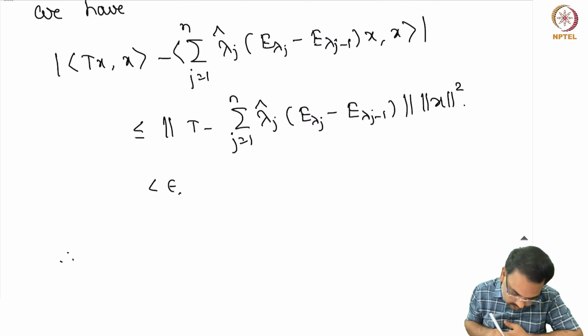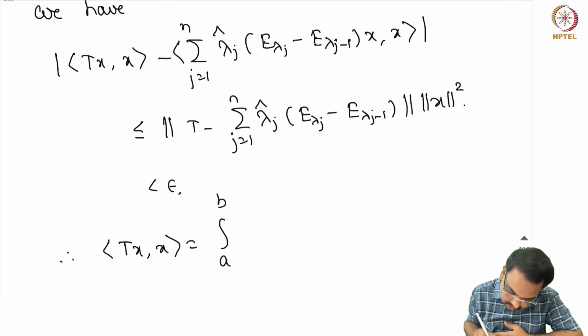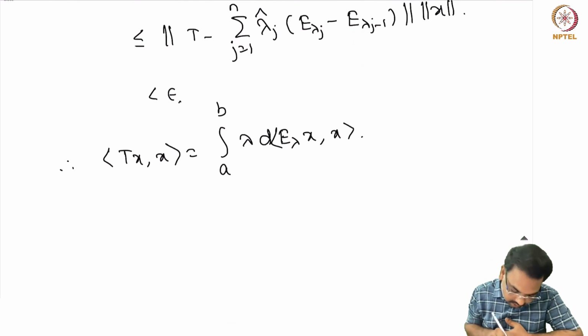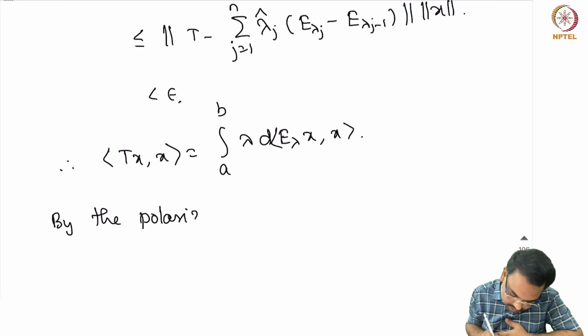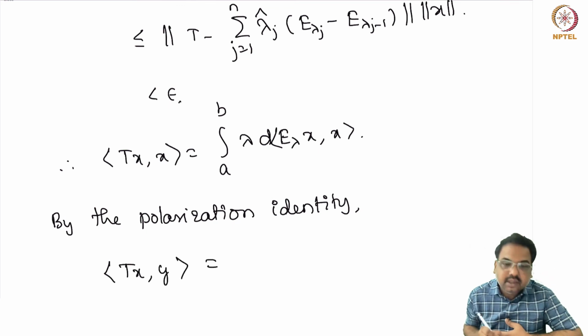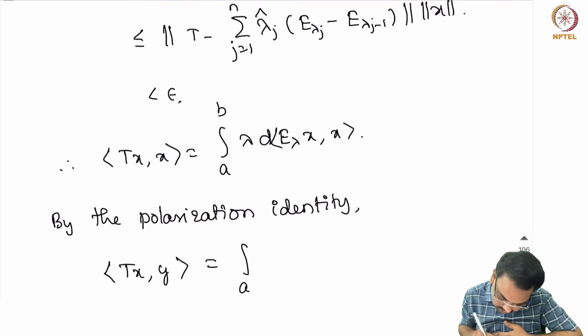So from this we can say that the inner product of Tx with x is the integral from a to b of lambda d inner product of E lambda x with x. Now apply the polarization identity. By the polarization identity we can say that the inner product of Tx with y is the integral from a to b of lambda d inner product of E lambda x with y.